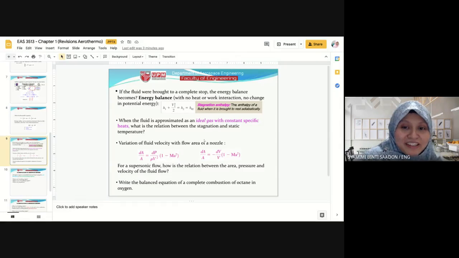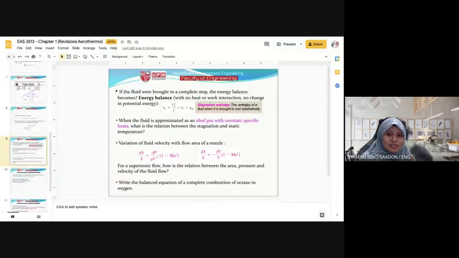When the fluid is approximated as an ideal gas with constant specific heats, what is the relation between the stagnation and static temperature? I repeat. High speed gas flow, still in the same chapter.